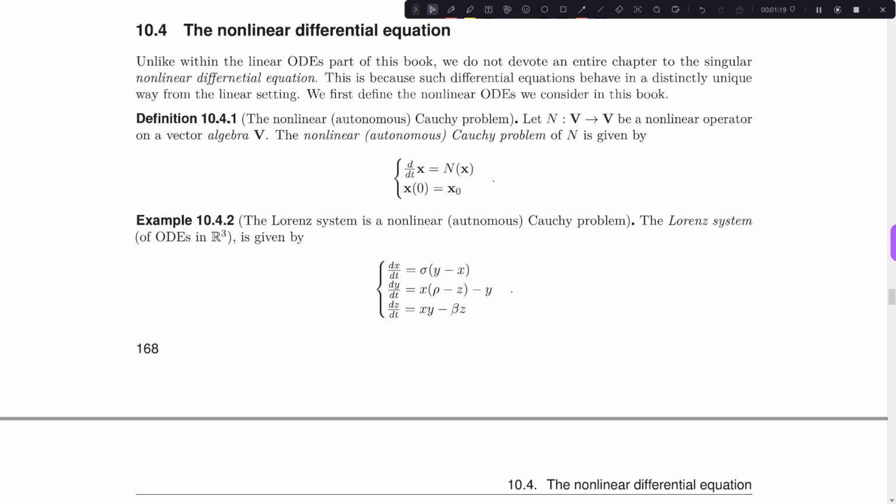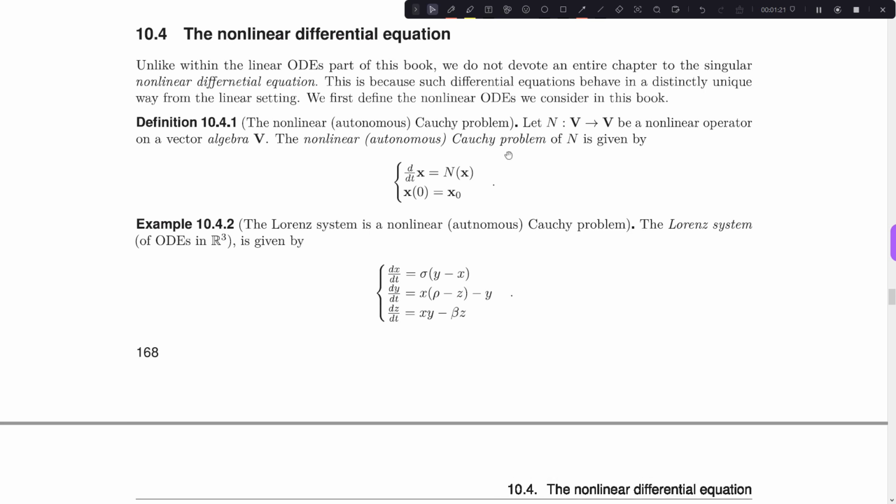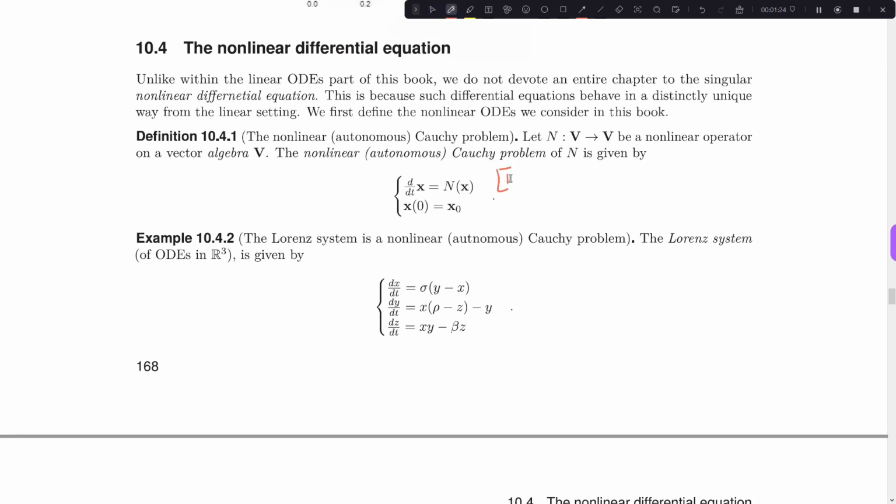I want to make a quick mention, I know I have a remark on this later. This includes non-homogeneous problems with constant forcing.